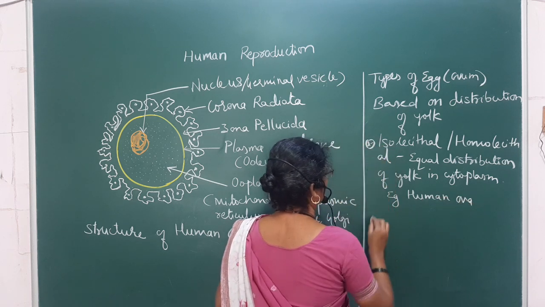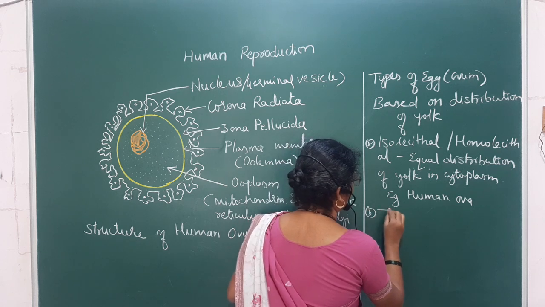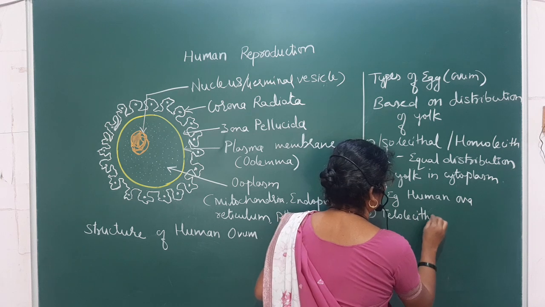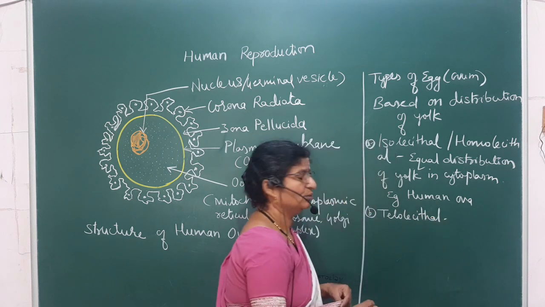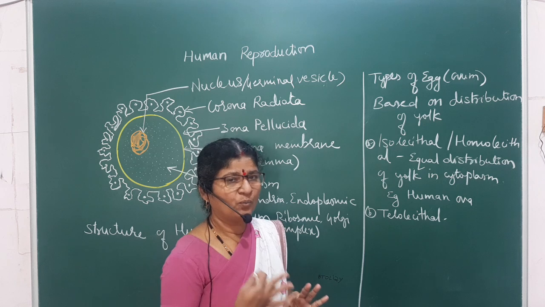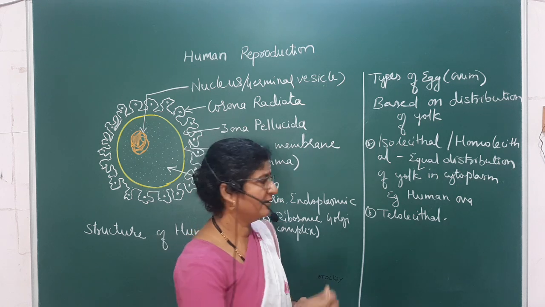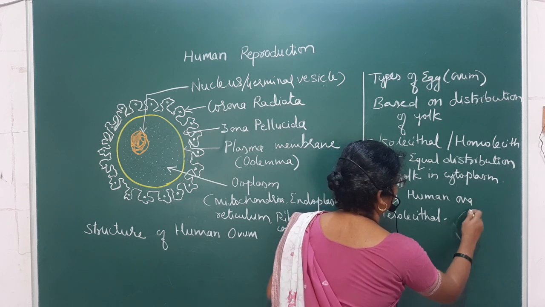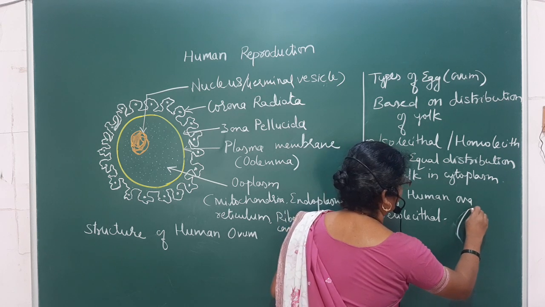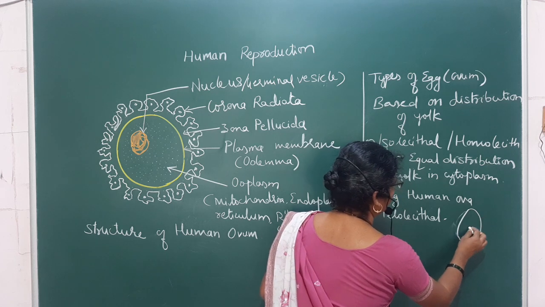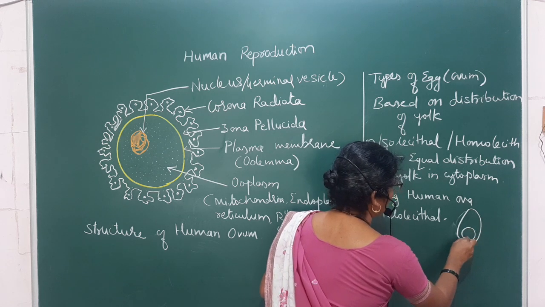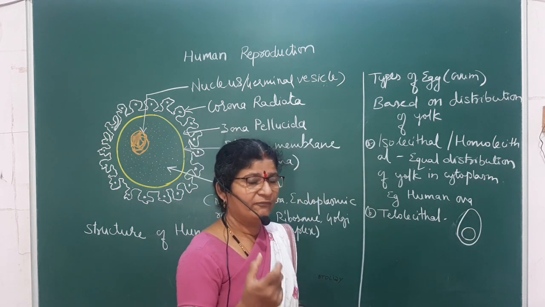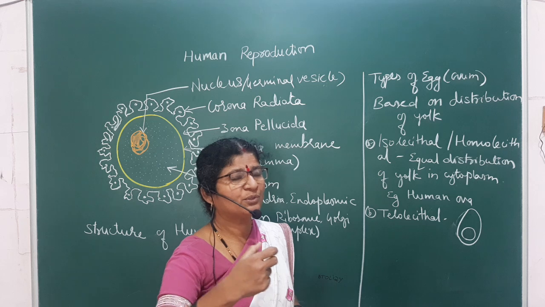The second type is telolecithal. Telo means presence of yolk towards one pole, one side of the egg. Let me draw it properly. If it is the egg, the yolk will be deposited on one side, which you will see in birds, especially the hen egg. When you boil it and see, you will see the yolk towards one side.